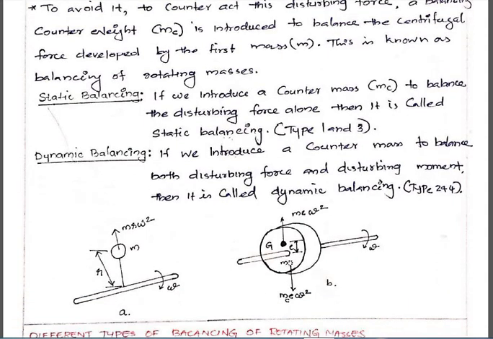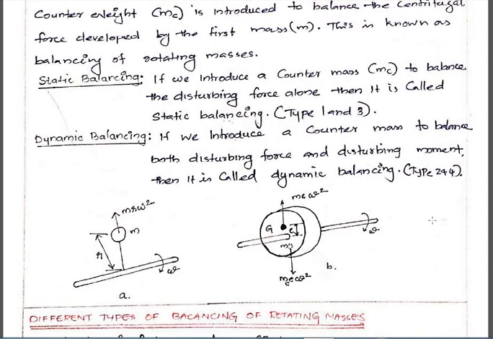Just listen here. There is a shaft, which is rotating at an angular velocity omega. If you assume that there is a small lumped mass m, when this shaft rotates, it will produce a radially outward unbalanced force, which will have a magnitude equal to m e omega square, where e is the radius of the unbalanced mass, or the distance between the center of gravity of the unbalanced mass and the axis of the shaft.